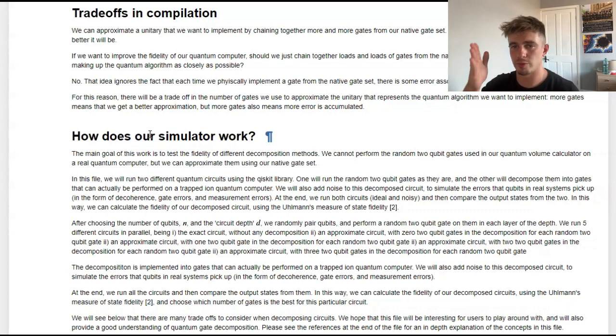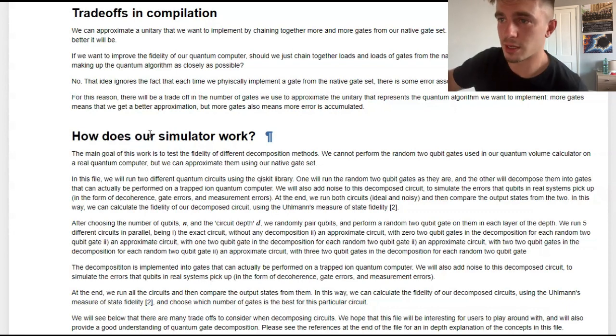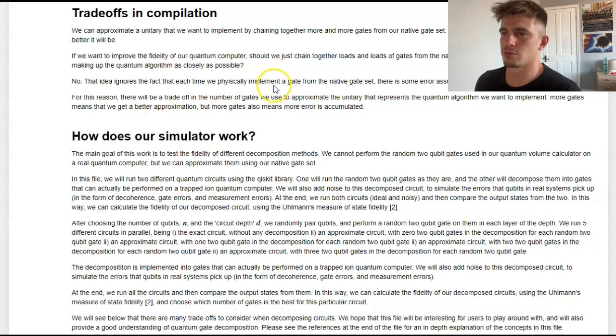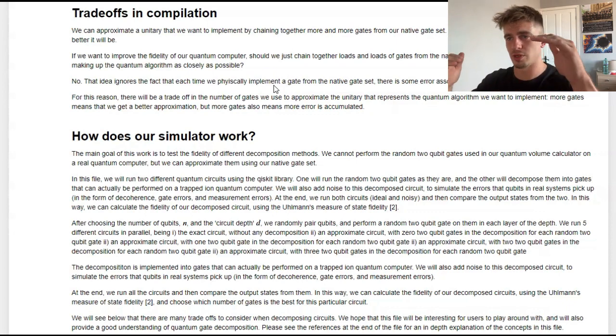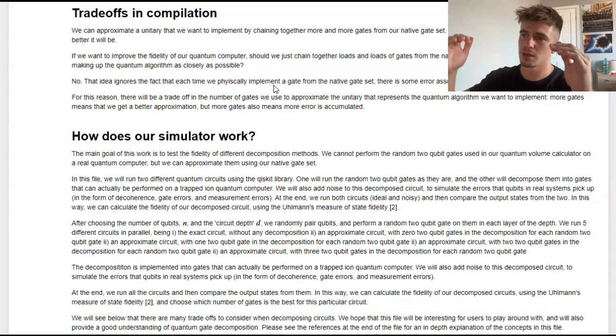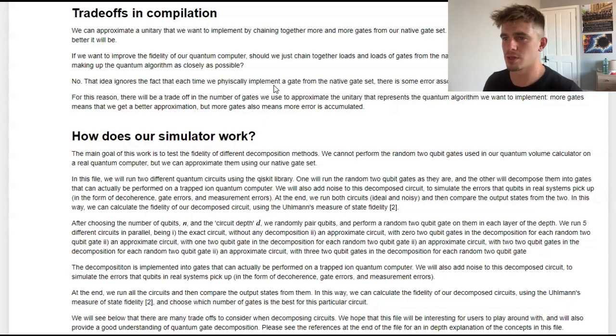If you implement loads and loads of gates, and your error is anything but trivial, then that error will accumulate, and the thing you're approximating in real life isn't going to look like what you want it to. So there's some trade-off between using as many gates as possible to get as close as possible theoretically, and then the real world kicks in and says each one of those gates is going to have some error with it, so you need to pick your poison, really.